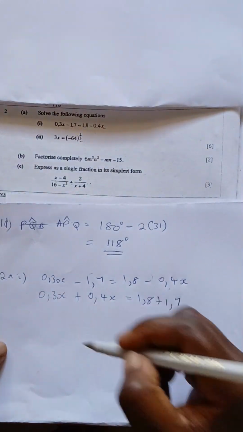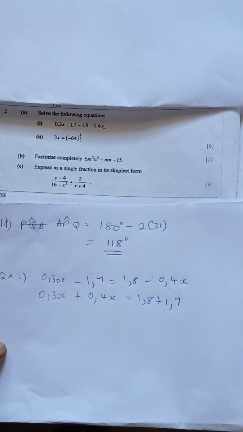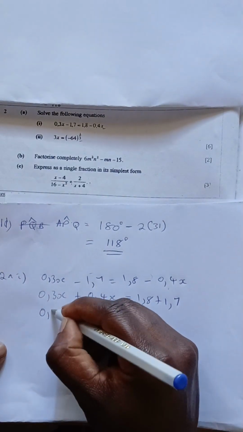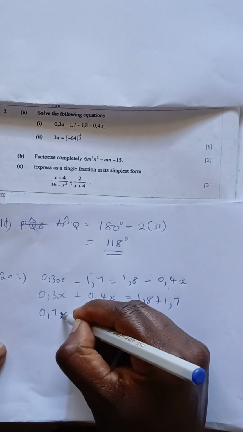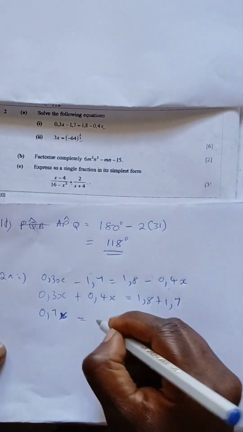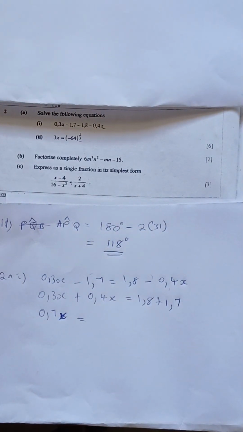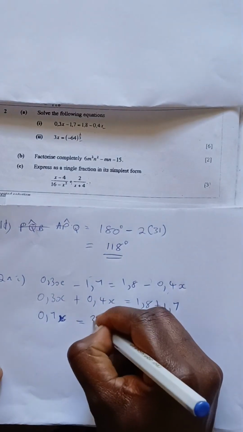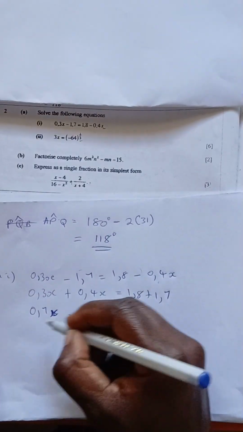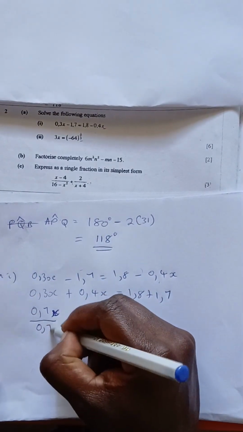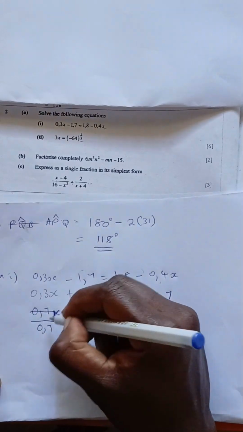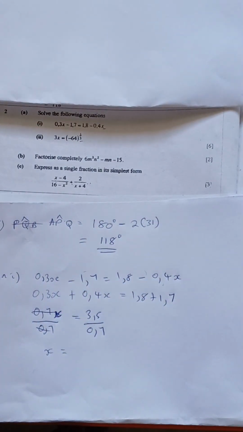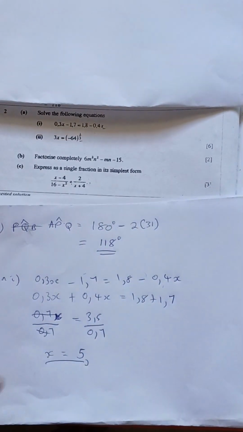If we add this, we have 0,7x is equal to 3,5, right? To find the value of x, you divide by 0,7 both sides. So our x will be equal to 5. This is our final answer for x, right?